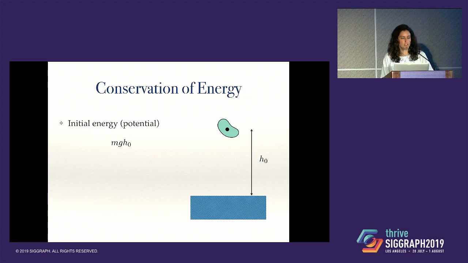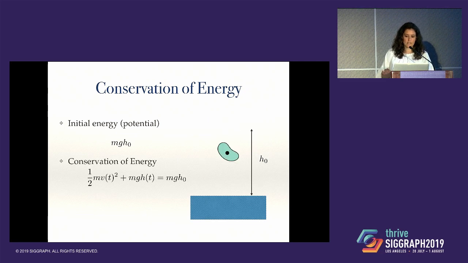So conservation of energy is another principle. You might encounter it in physics class or something like this, where because of conservation of energy, we can study a problem like this. We have an object initially at a height h0. So initially, if it's at rest, all of its energy is in the form of gravitational potential energy. And it specifically can be approximated by mgh0.